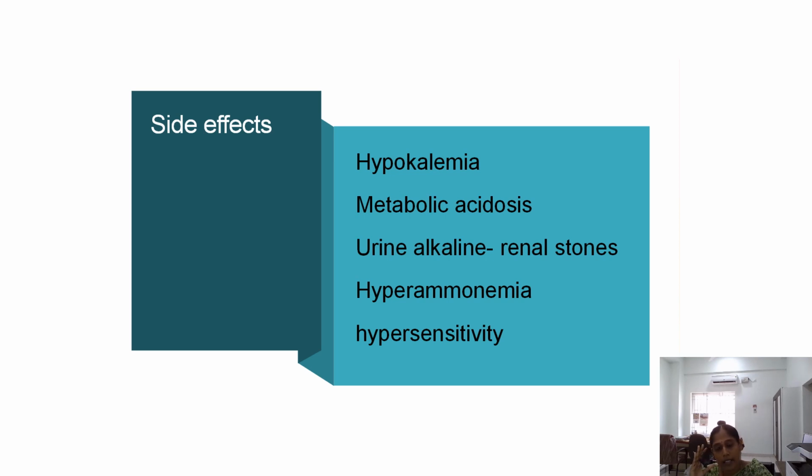So these are the electrolyte disturbances. When you see the mechanism, you can easily write what are the ions that are lost in urine. And these carbonic anhydrase inhibitors are sulfonamide derivatives. So majority of the diuretics are sulfonamide derivatives. So they are prone to cause hypersensitivity reactions. They can cause hypersensitivity reactions.